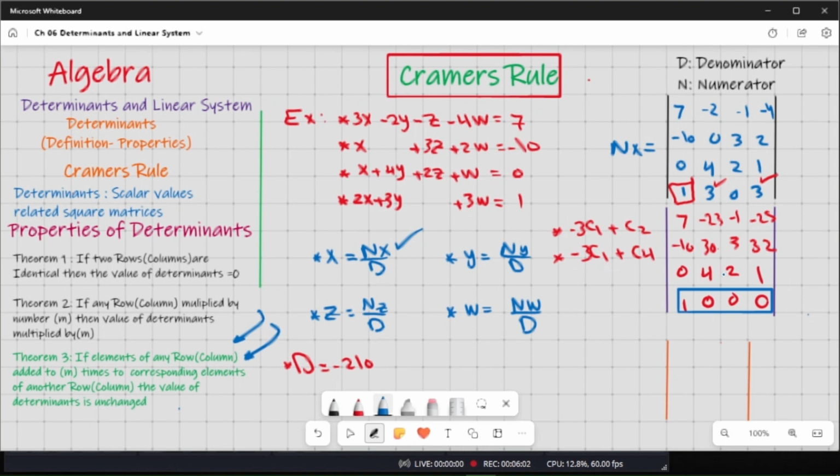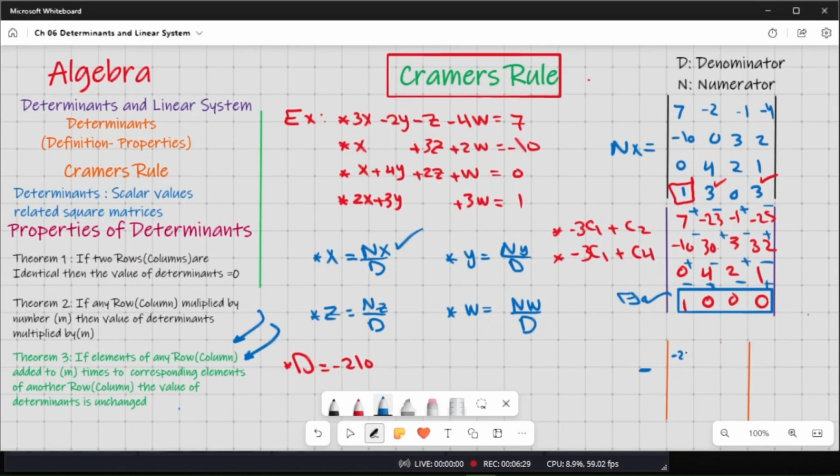Okay, so write down our signs to obtain the sign of this element. The sign is a negative sign. So we write down negative and write down the minor of this element.